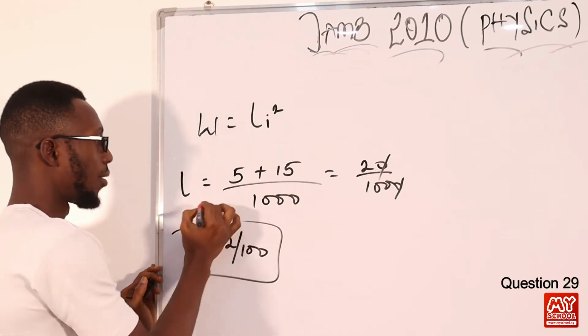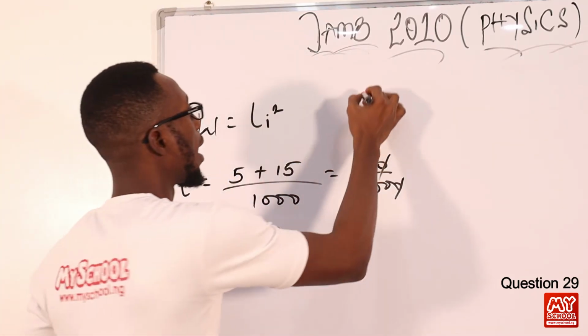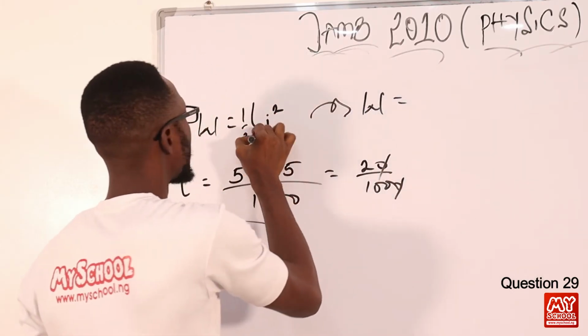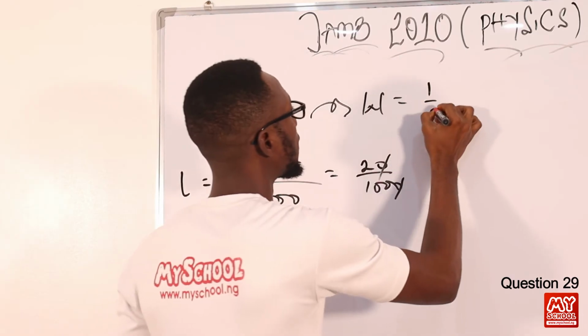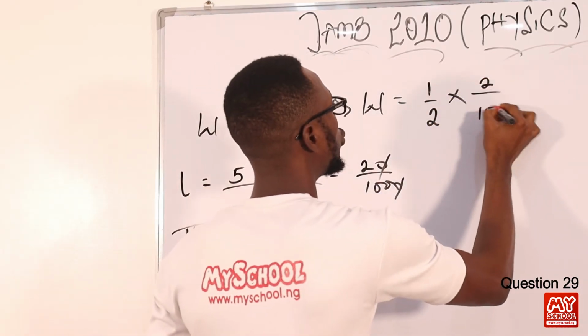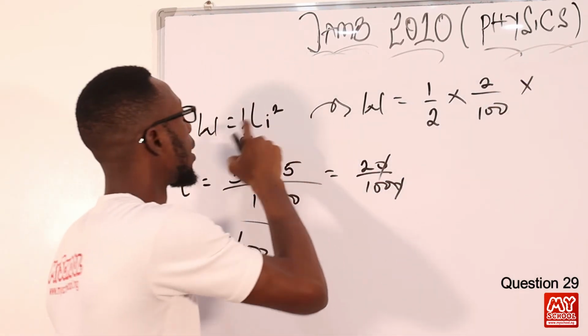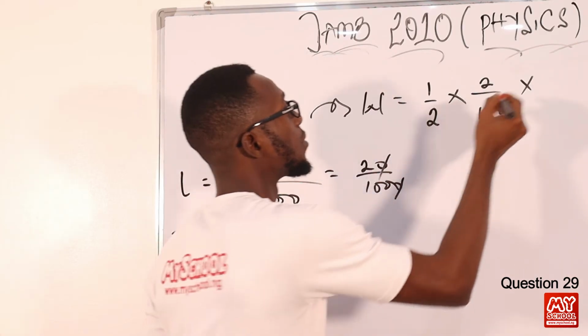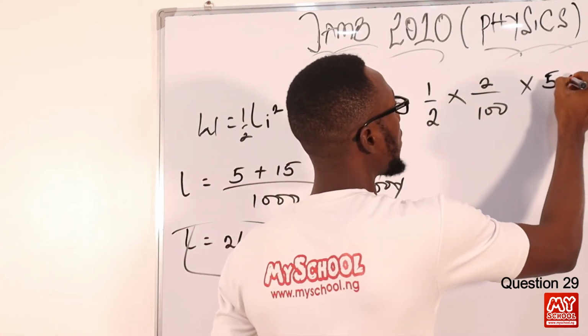So let me introduce it here. I have the energy stored as half times my L, which is 2 over 100, times my current raised to power 2. So that is 5 times 5, since 5 raised to power 2 is 5 times 5.